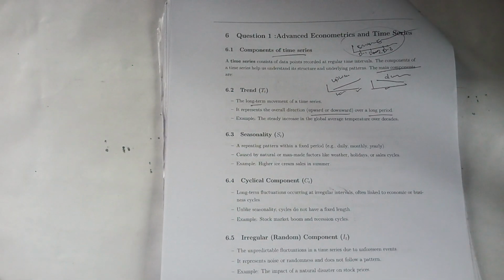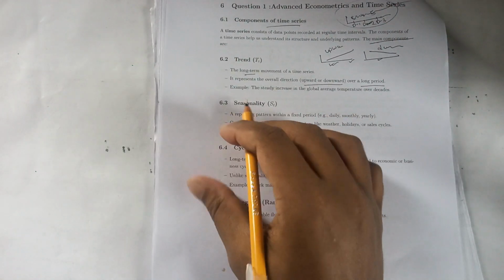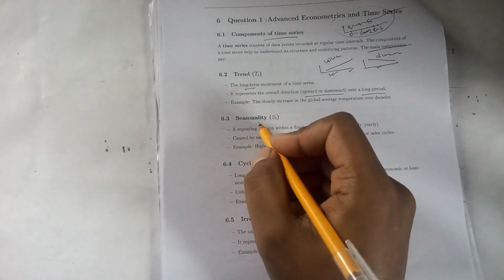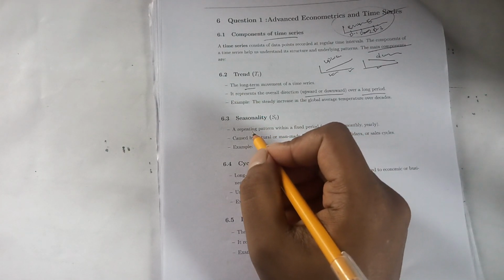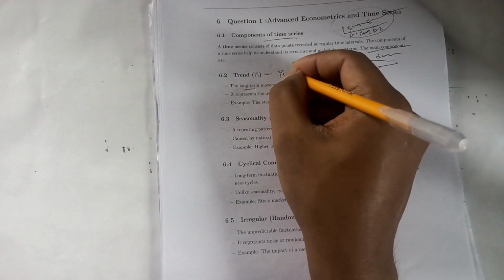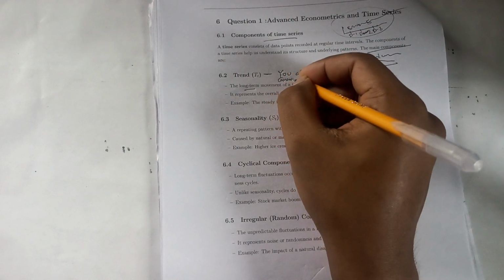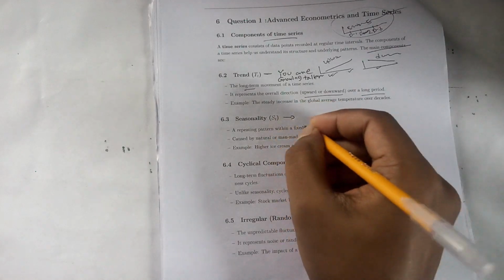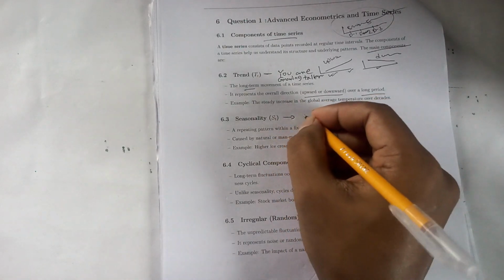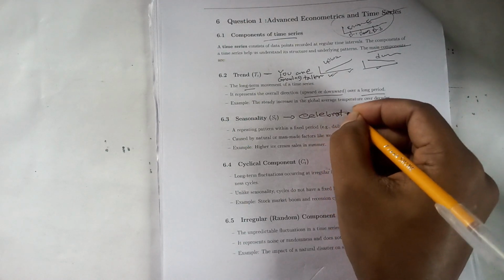Next one is seasonality. In seasonality, a seasonal pattern should be there. In simple words, you are growing taller, and this one you can think of as celebrating your birthday.